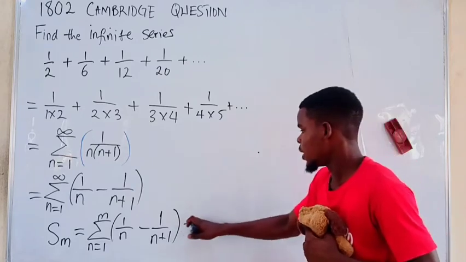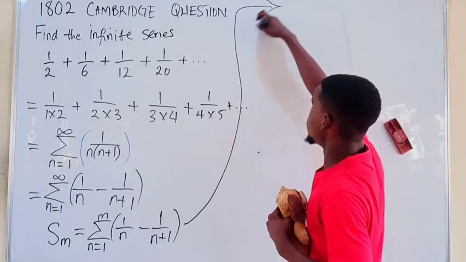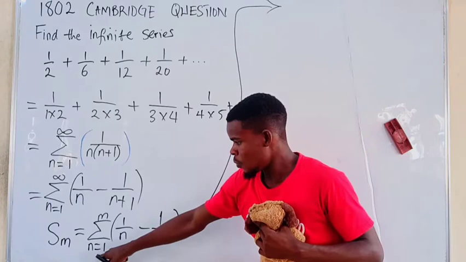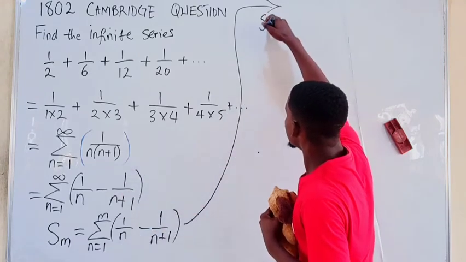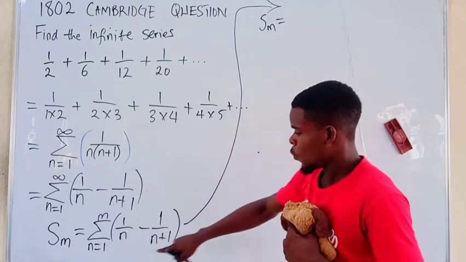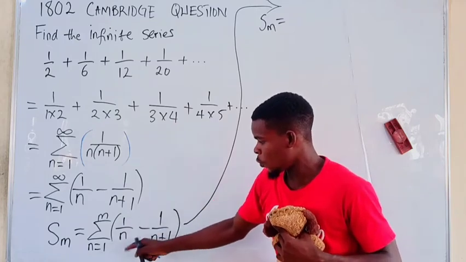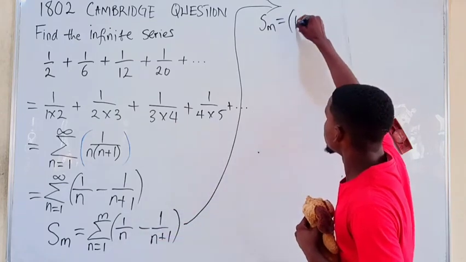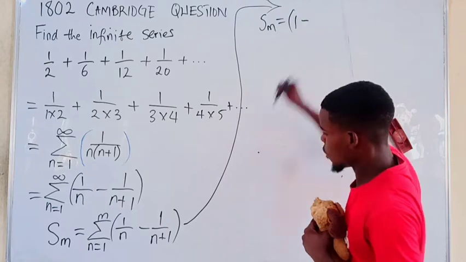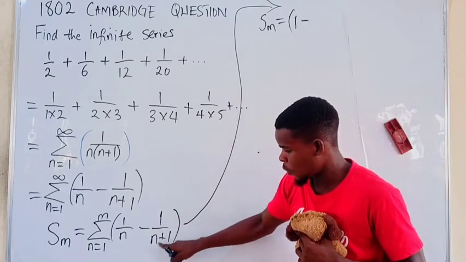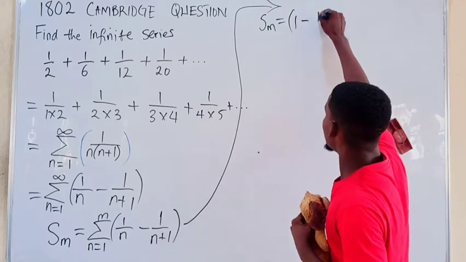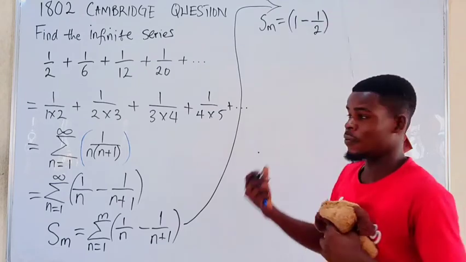Good. Now over here, let's observe what that will mean. Well, the sum will mean when n is 1, we are going to have 1 over 1, which is just 1. And then we subtract it with, when n is 1, that will become 1 over 1 plus 1, that will still be 2. That will become 1 over 2. That will be for the first term when n is 1.